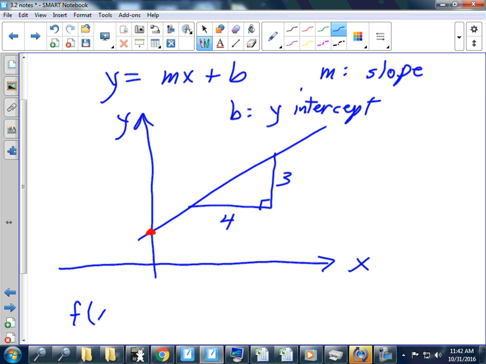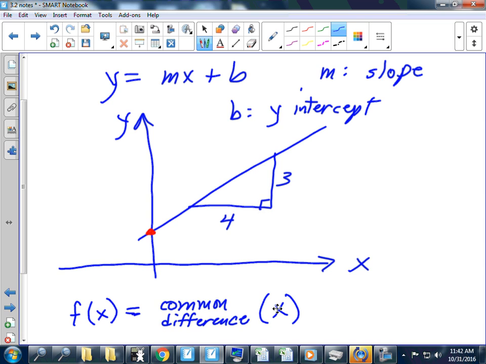But rather than y, which we talked about in last section, we can talk about it in terms of f of x equals, and then instead of slope, I'm going to call this the common difference times some x value.